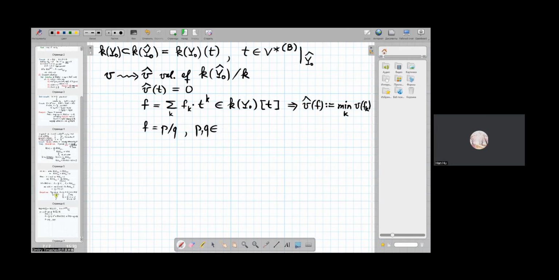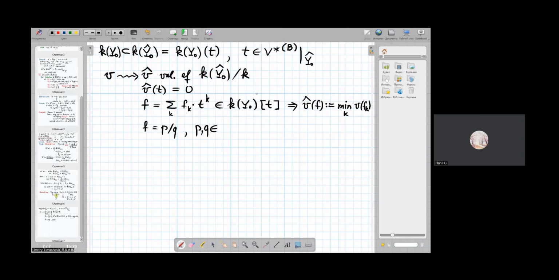Let me finish. So we extend the valuation. I have a question, Professor. How can we ensure that t is not identically 0, or why not? We choose such a t. I mean, of course, we have to choose t which is not identically 0.